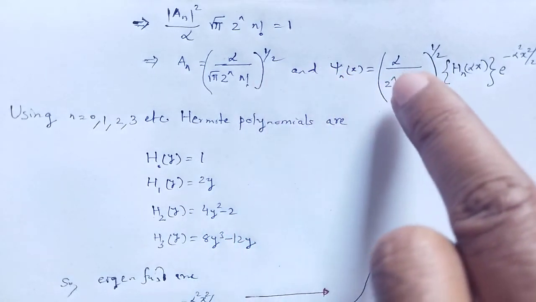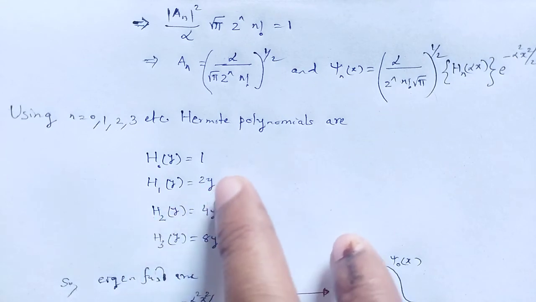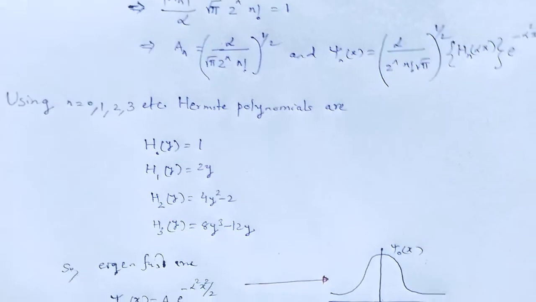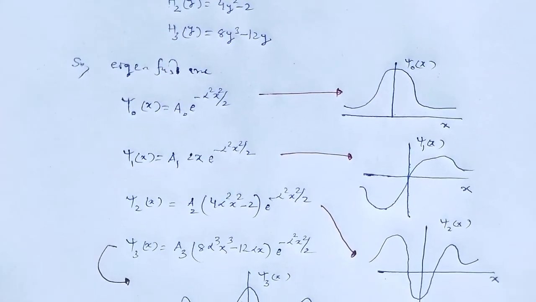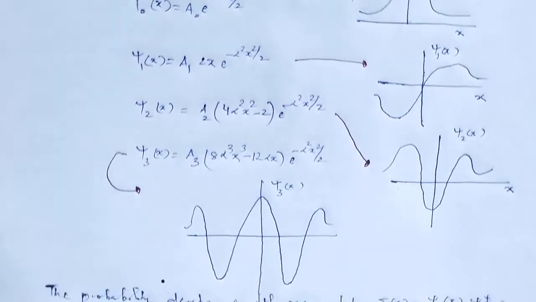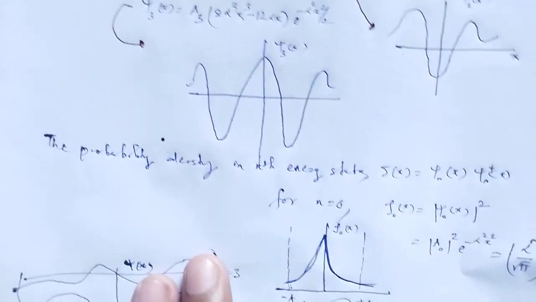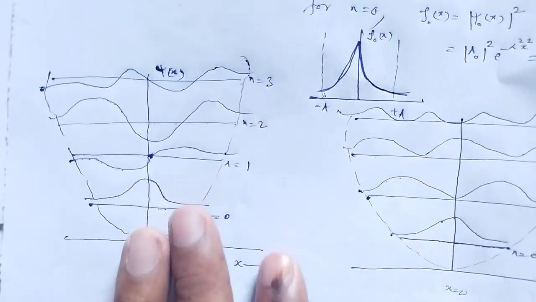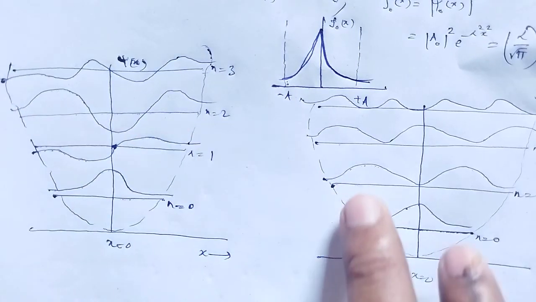Again, using n equal to 0, 1, 2, 3 etc., we get the Hermite polynomials as usual, and the eigenfunctions ψ0(x), ψ1(x), ψ2(x), ψ3(x), and their graphical views, and the probability density for the nth state. This is the graphical representation of the wave function, and this one is the graphical representation of the probability density.